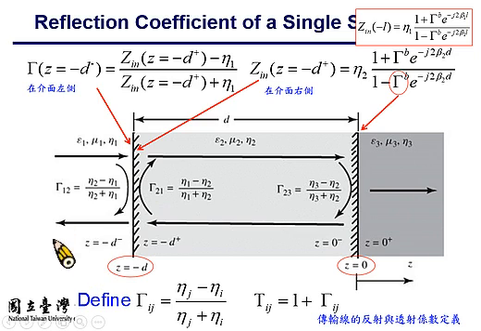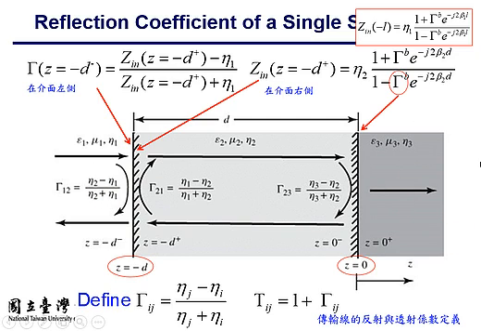So it adds up with the direct reflection of medium 1. And this process goes on and on.